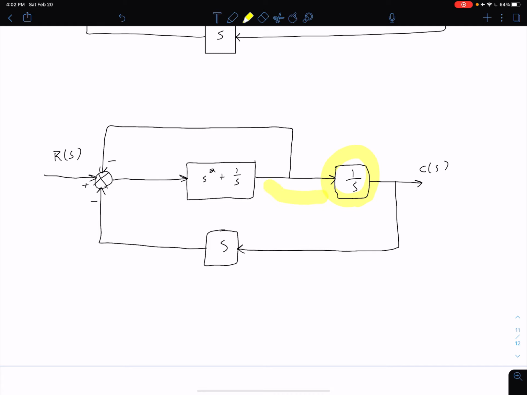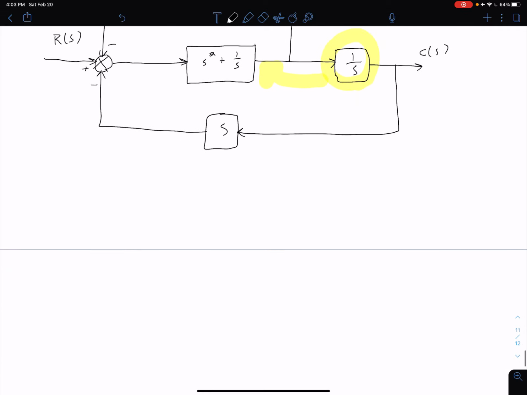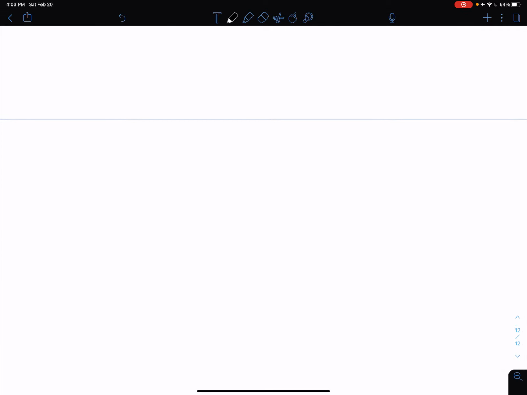So we want to move this here. So move left of our pickoff point. And what that's going to allow us to do is then simplify our parallel combination and ultimately do a feedback form. So let's go ahead and move that block across our pickoff point.